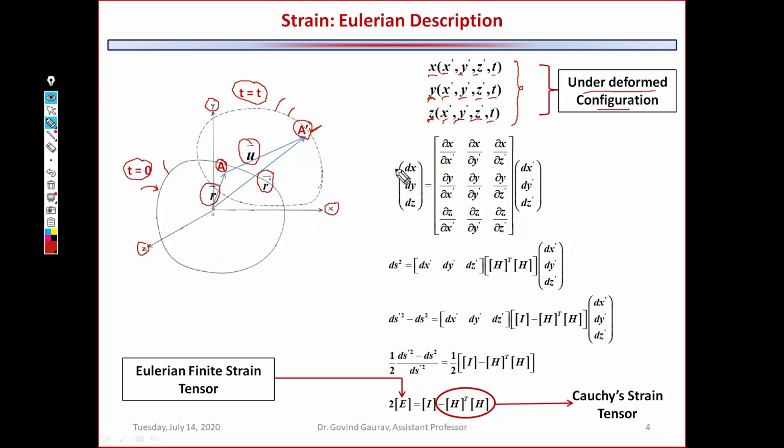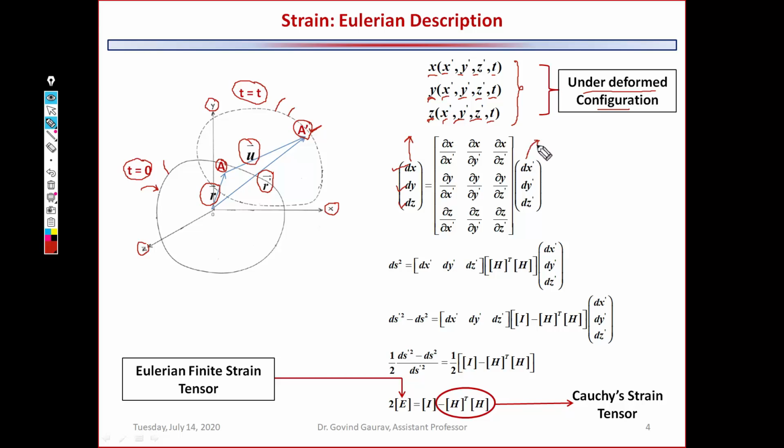So in such a case, we can write the values dx, dy, dz on similar lines as we have done in case of the Lagrangian description, relating the undeformed configuration with respect to the deformed configuration.